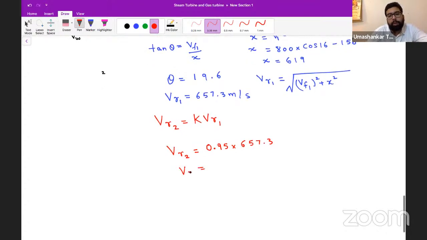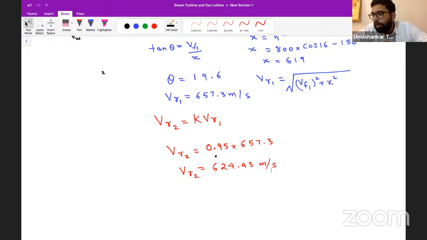So VR2 is going to be 624.43 meter per second. Very good. Please all do cross check the calculations, as I am not calculating by myself. I am seeing the comments and writing it. So this is VR2.